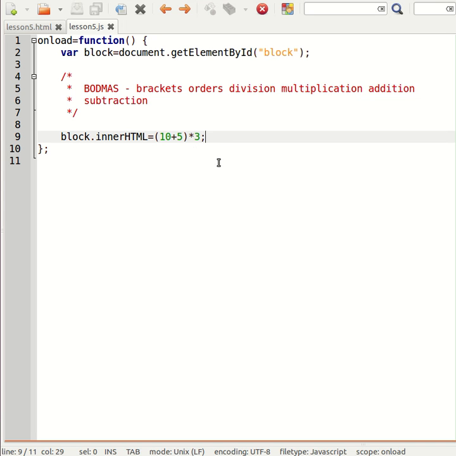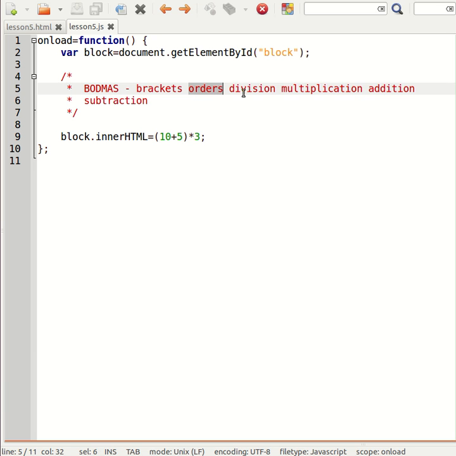Remember that certain operators take place before other operators. Orders would be anything like square roots of a number or an exponent of a number, that takes place before the division and multiplication. And then last but not least is addition and subtraction.